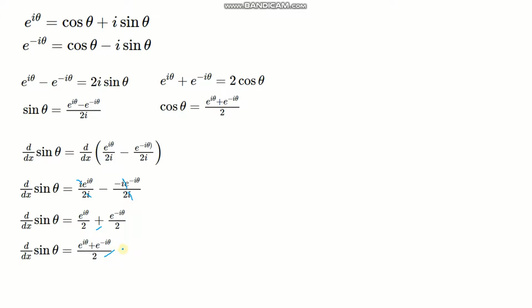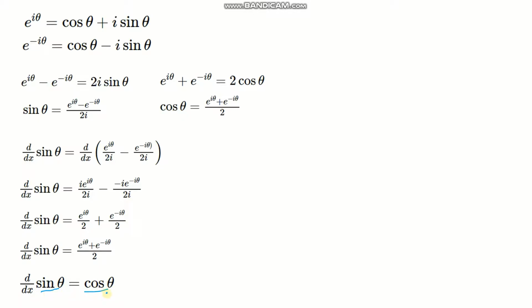If you notice, this term, e to the i theta plus e to the negative i theta over 2, is exactly the cosine theta. So we can say that the derivative of sine theta is just equal to cosine theta. So that's how we derive the derivative of sine theta equals cosine theta.